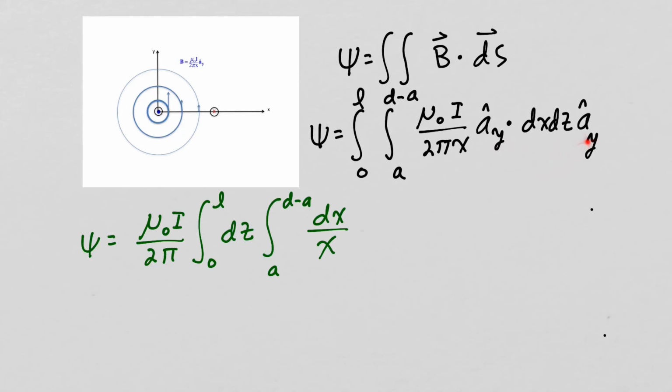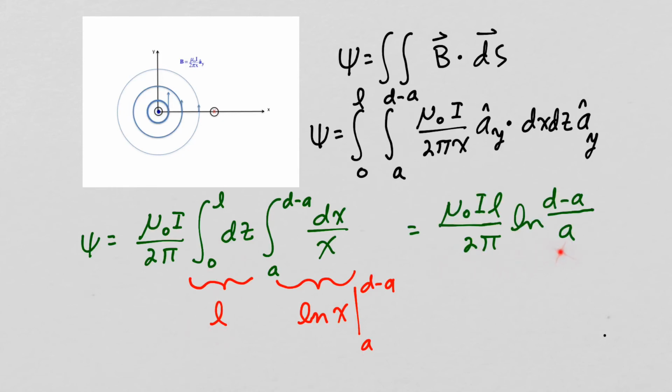So a_y dot a_y is 1. We'll factor out mu 0 I over 2 pi, that are constants. This integral will be the natural log of x. This integral will be z, which will give us just an L.